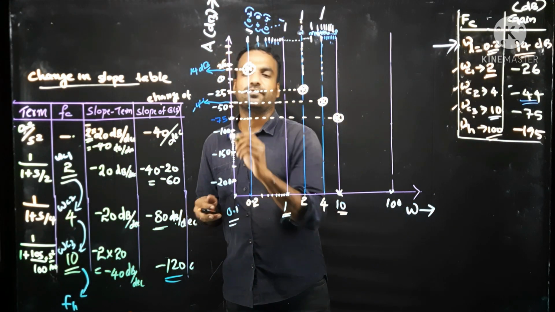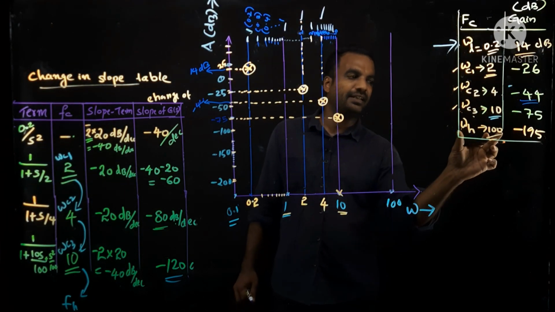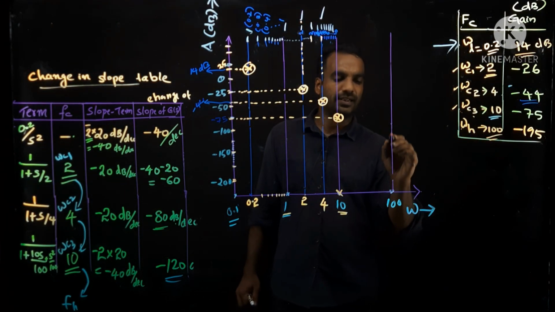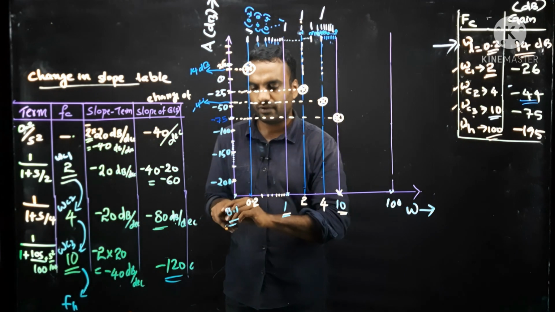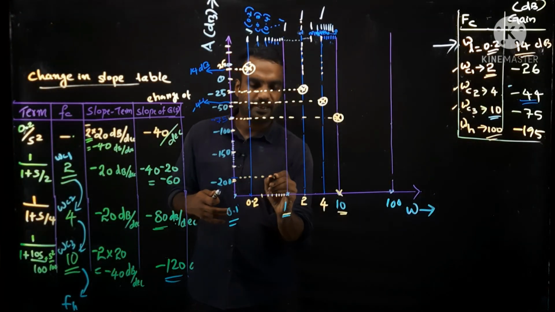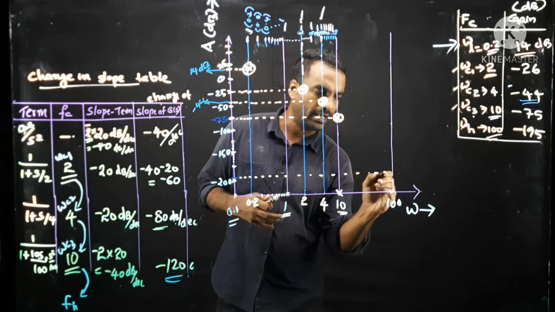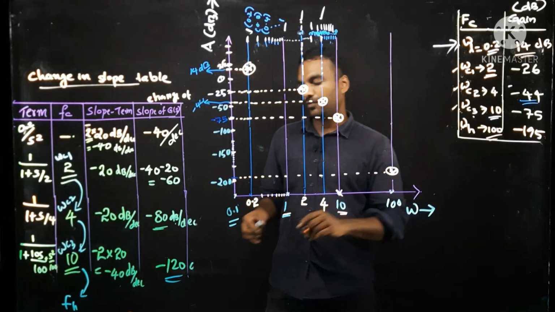Then the last point, the next decade, 100, is also clearly visible because it is a decade line, and its gain is minus 195. Minus 195 will come here, and I will extend that to our axis.